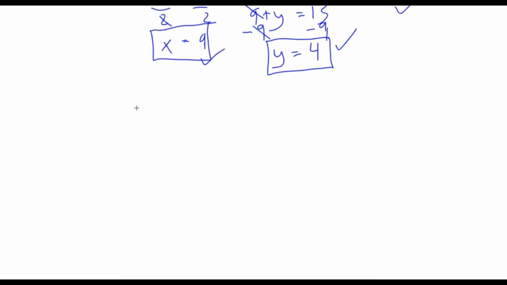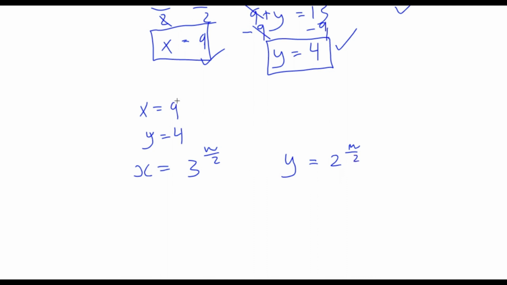So now, remember, x equals 9, y is equal to 4. Remember before how we set x equal to 3 to the power of m over 2, and we set y equal to 2 to the power of m over 2.